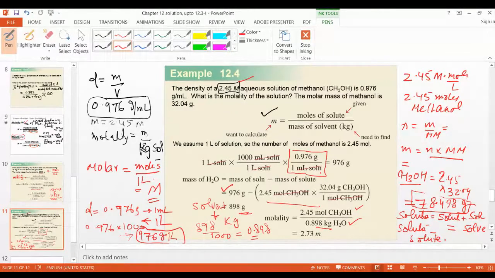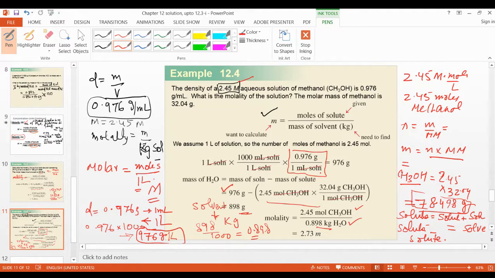Any other question, please ask. Tell me, now what is the role of density in this question? To find the volume, which is liter. No, what does density say in this question?